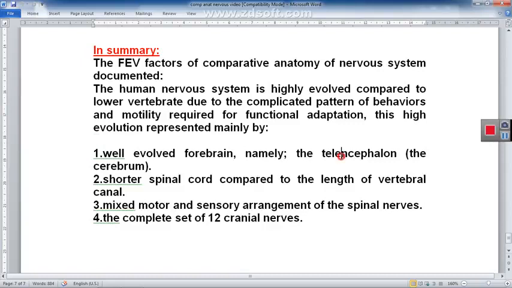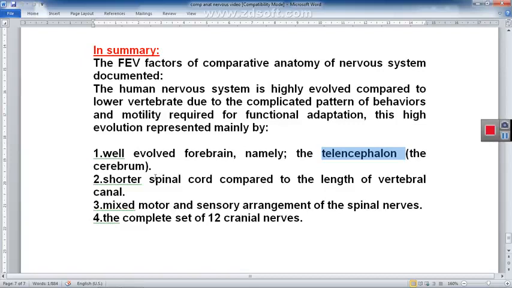The telencephalon is very well developed in a human, because the complicated behavior and complicated motility needed by the human require the development of the telencephalon, mainly the cerebrum, and that is well documented by the higher mental functions that are seen in the forebrain of the human.